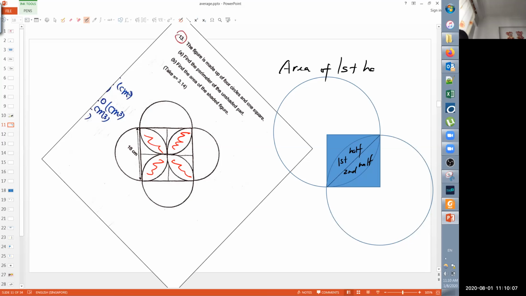Can you find out the area of the first half? Is there a way you can do it? Yes. Okay, go ahead and do it. Just give me the area of the first half first.